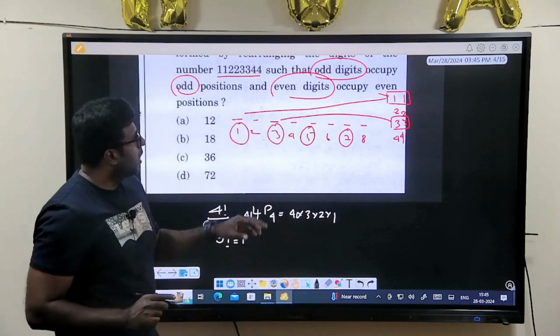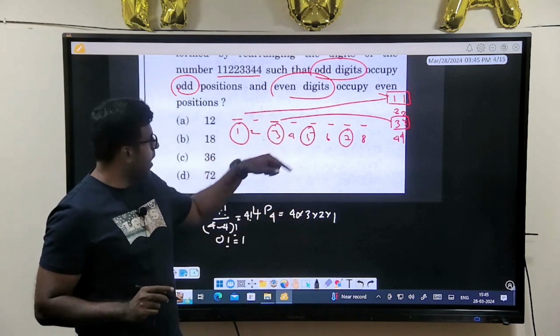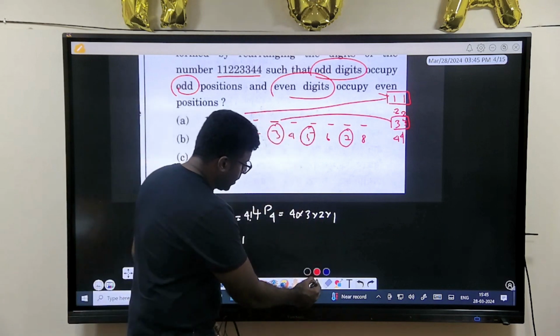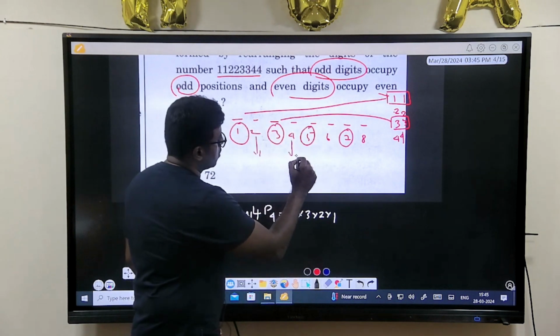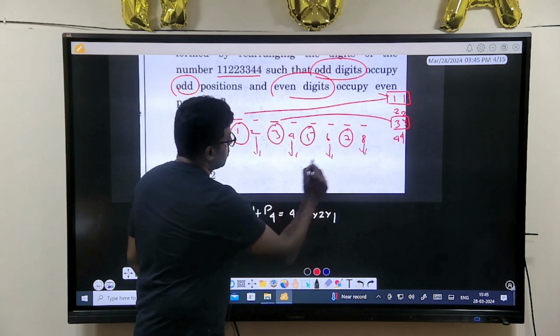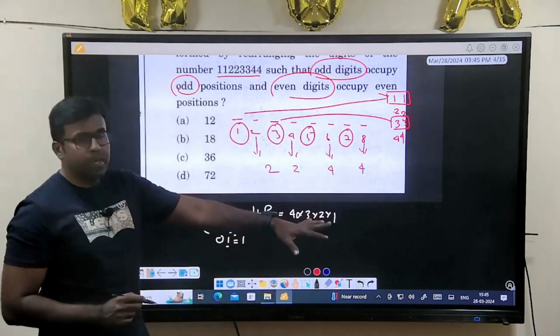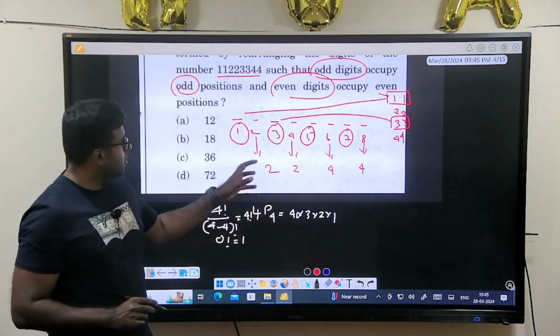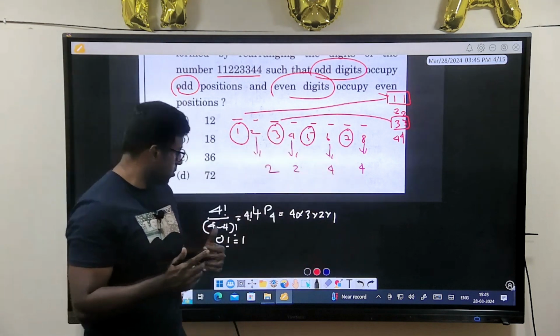But the point is that even positions have to be occupied by even numbers, which are 2, 4, 6, 8. You have to arrange them in such a way that in the even positions, they occupy a different combination of numbers.